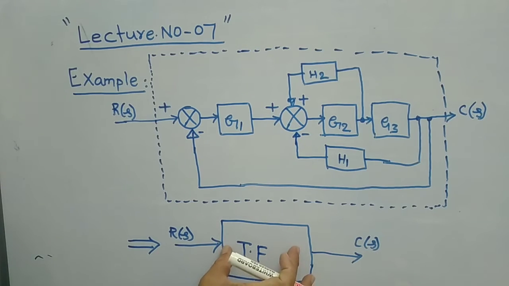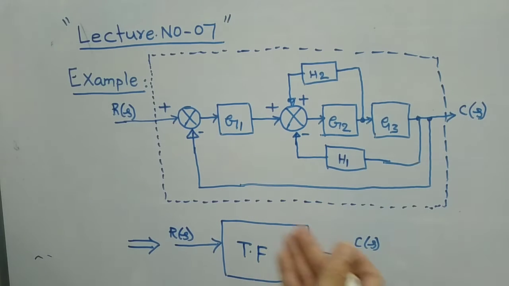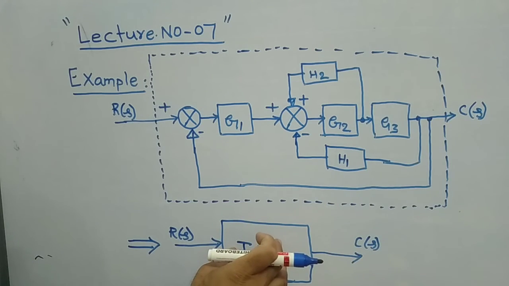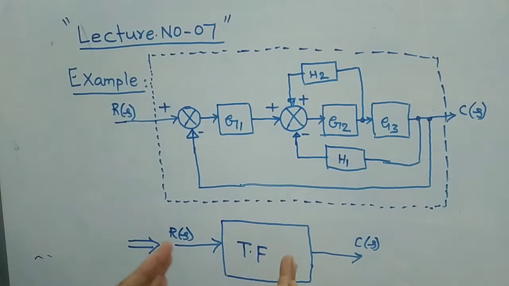After simplification in 2 to 3 or up to 4 steps, the resultant should be represented as a single block. That's what we have to do.